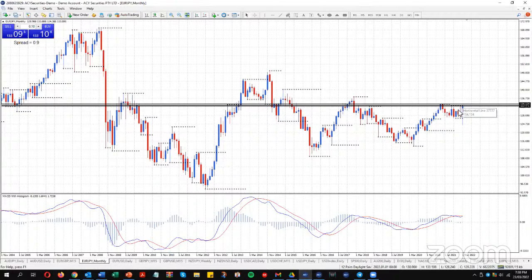I've got 3 lines up here because I've got 3 levels of monthly resistance that we're trading in. There's a monthly top over here, 133.12. Then there's a high here at 133.14 and 134.12. So I'll move it to the weekly chart.